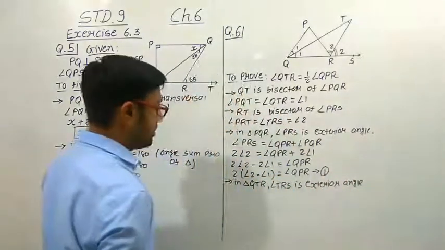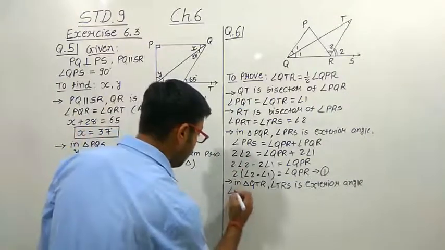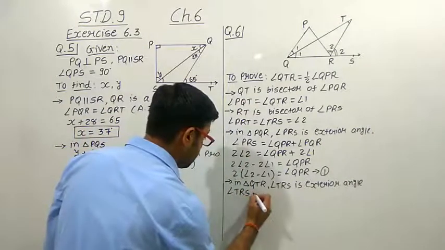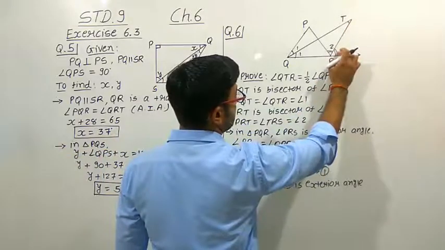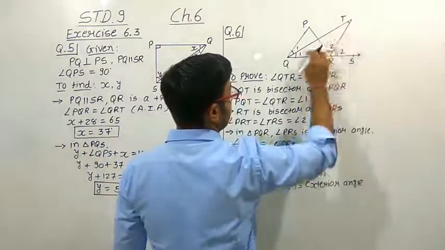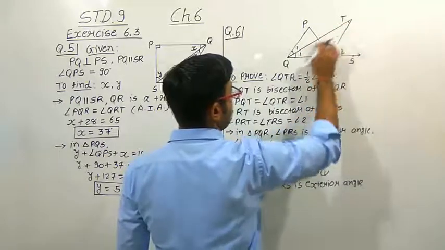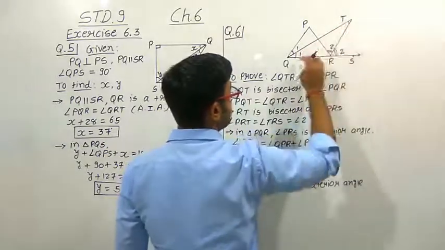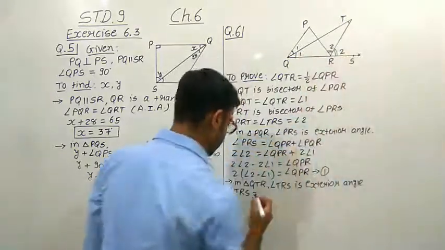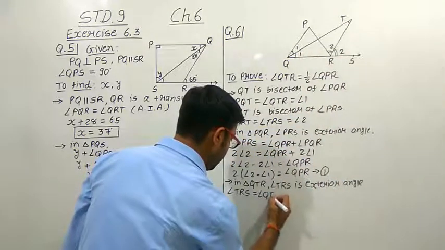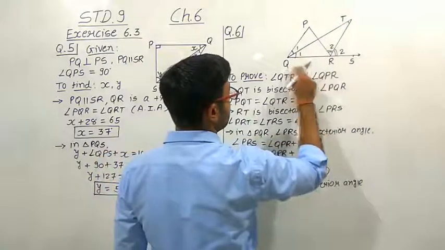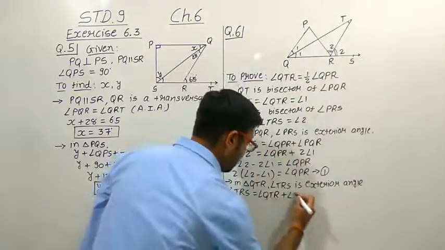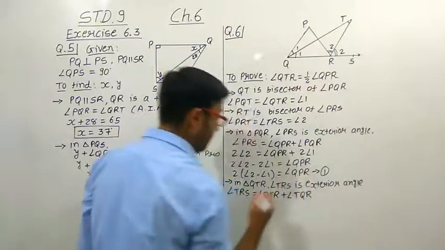According to the exterior angle property, angle TRS equals the addition of both these opposite angles, that is angle QTR plus angle TQR.